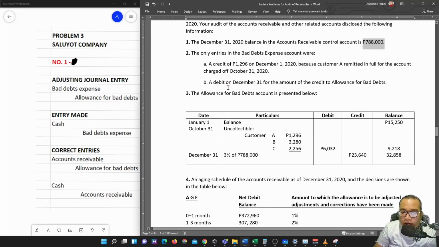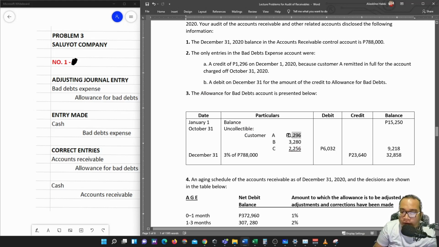Ito naman yung third, allowance for bad debts account is presented below. So yung balance mo at the beginning of the year, 15 to 50. Then, October 31, nagkaroon ng uncollectibles. Ibig sabihin, hindi na siya allowance. Uncollectible na talaga. Write-off na talaga siya.